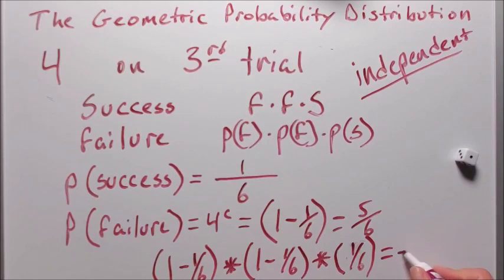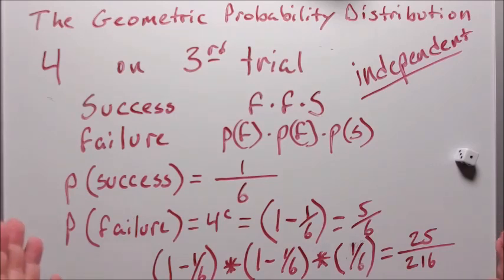Work that out, and we're going to get 25/216. So that's the answer. So you better think about how much you're putting in and going to receive if you win before you decide whether or not that's worthwhile or not. Great. There's an example.